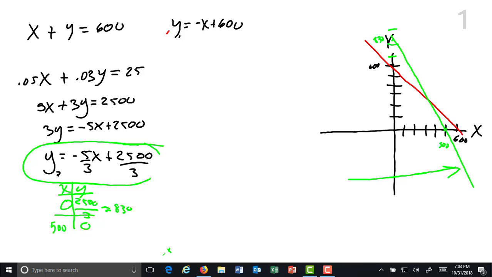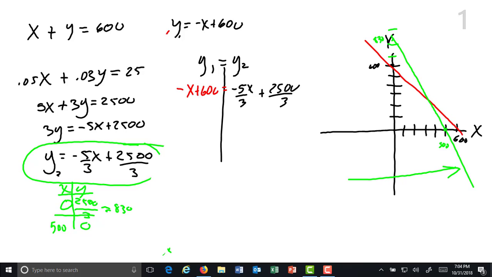We're going to set the 2's equal to each other. y1 equals y2, right? y1 has another name. y1 we did as red, right? Yeah. Maybe x plus 600. Minus 5x over 3 plus, right?